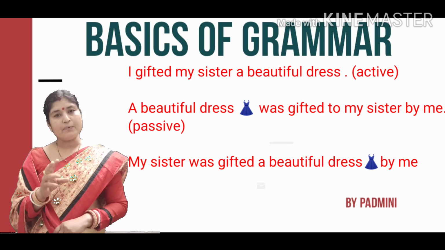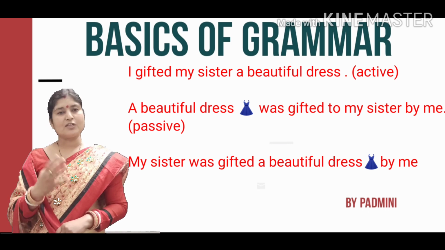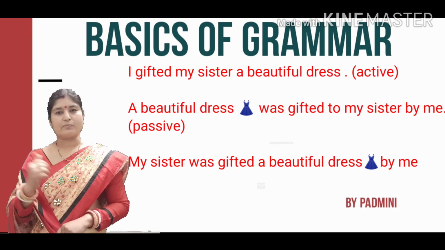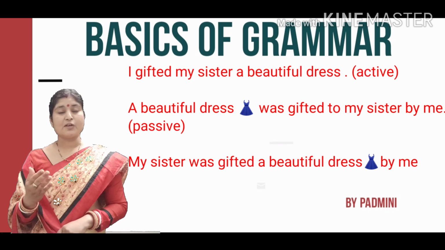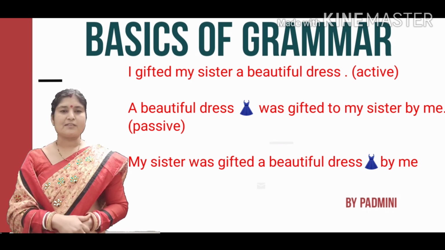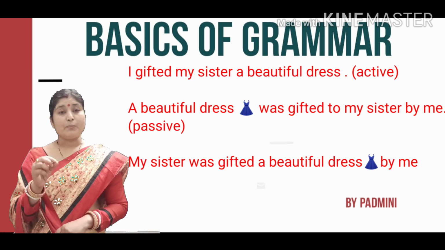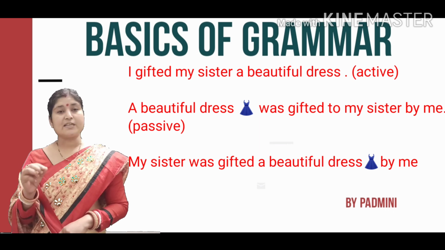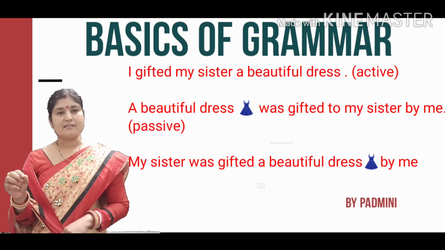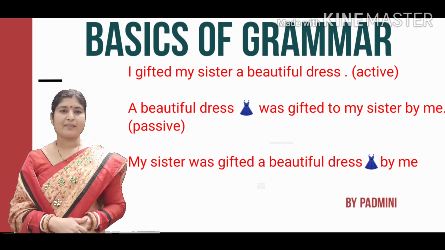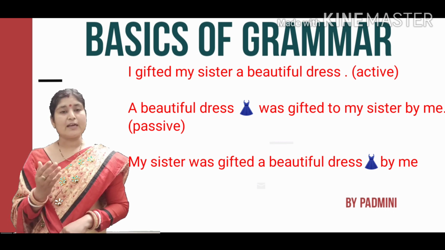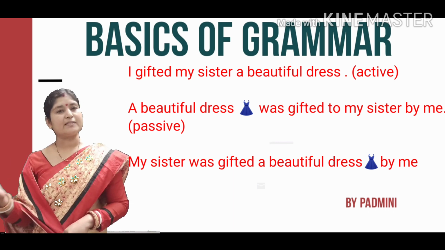With the help of either object, we can change this from active to passive voice. First we will take the direct object: a beautiful dress was gifted to my sister by me. In this way also we can convert from active to passive voice.